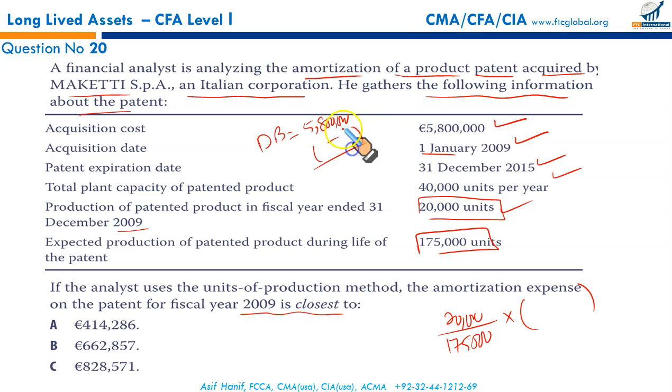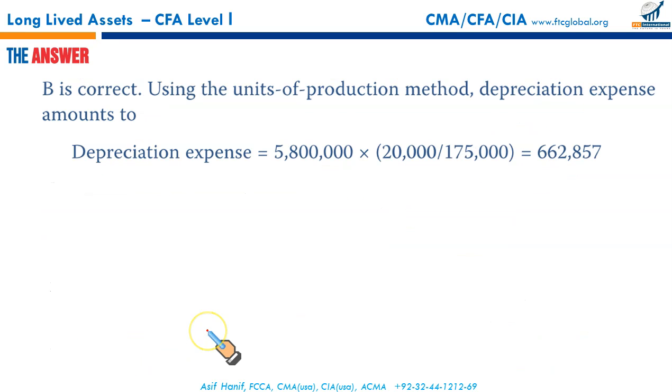No. So 5.8 million is your depreciable base. So 20,000 upon 175,000 multiplied by 5.8 million gives you 662,857. This is the amortization in the first year, which matches your option B.